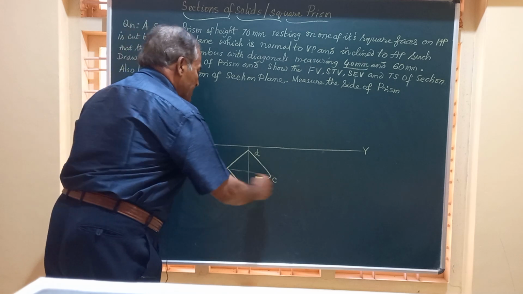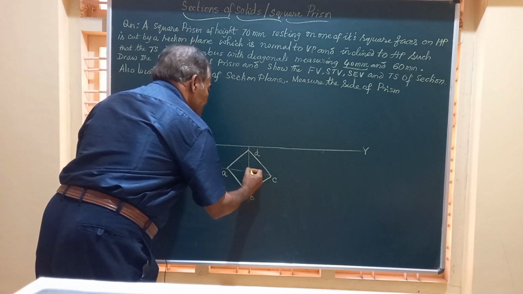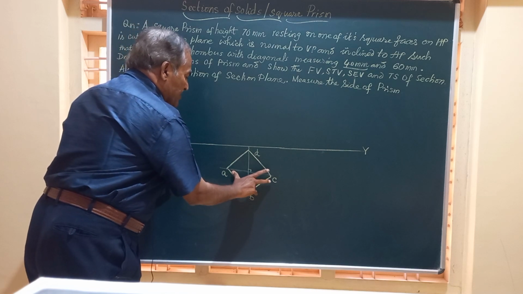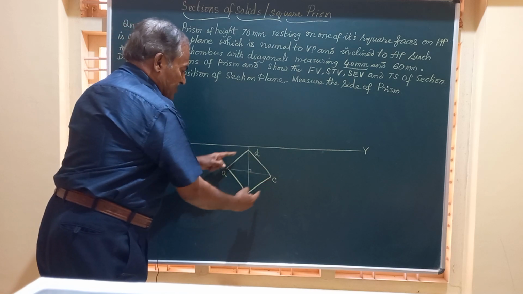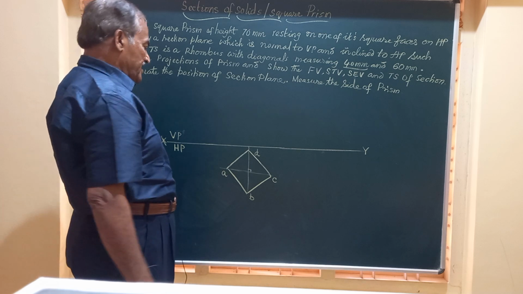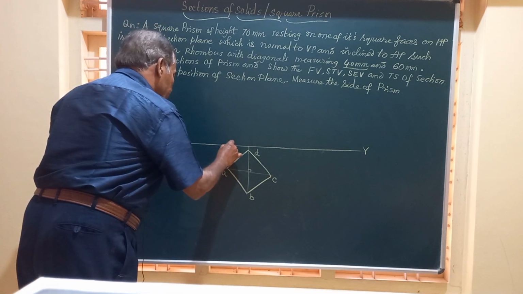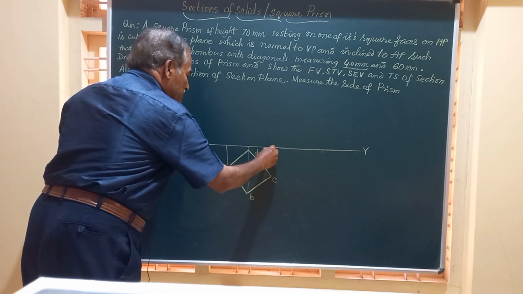So we can draw two lines at 90 degrees to each other and mark on that 40 by 40. AC is equal to BD is equal to 40 each, and obtain the corresponding front view.